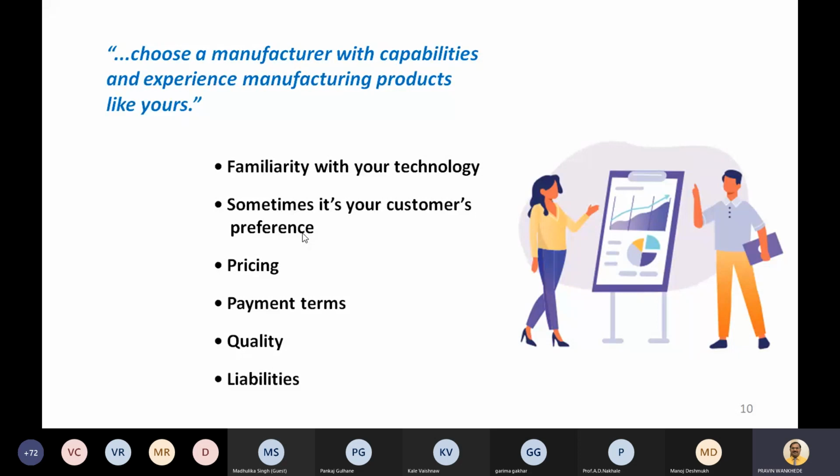Therefore, we get the particular reference design from the manufacturer, we get suggestions on our assembly line, and we get the testing procedures for our technology. So it is very important that, if possible, the manufacturer should be familiar with our technology.